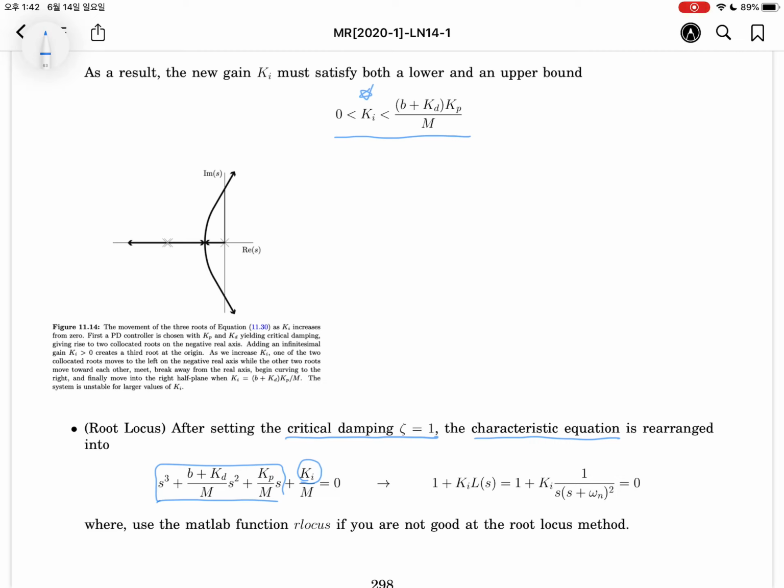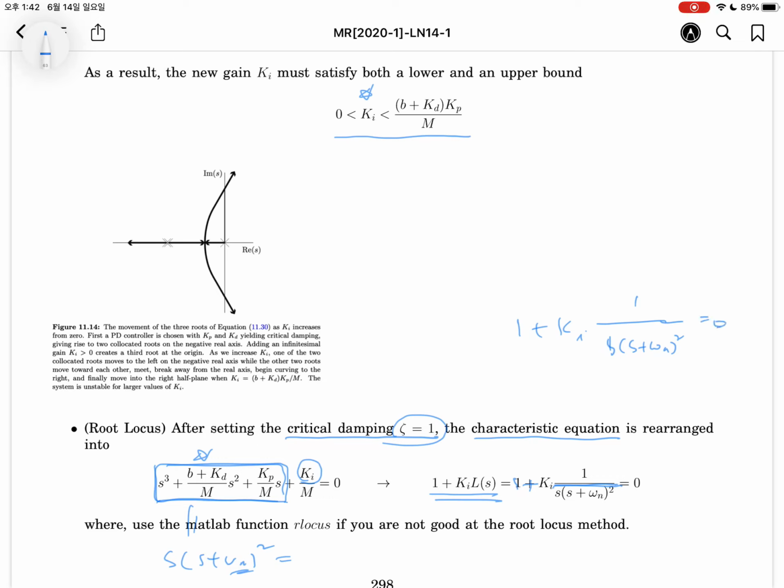So in order to draw the root-locus, we should write down the characteristic equation like this, 1 plus Ki over, because zeta is assigned as 1. So from this equation, these terms should be equal to (s plus omega n) squared. By expanding this equation and comparing both sides, we can determine Kd and Kp to obtain this equation.